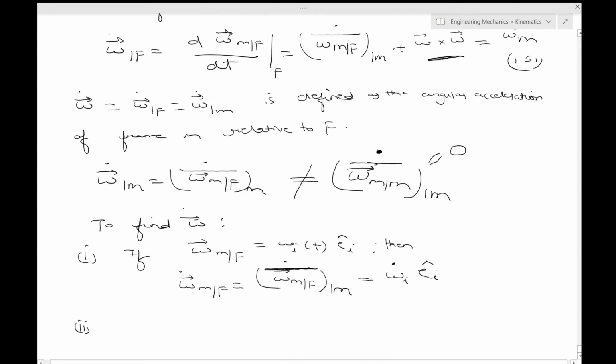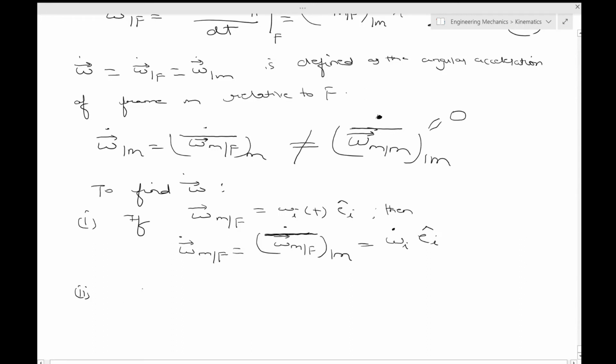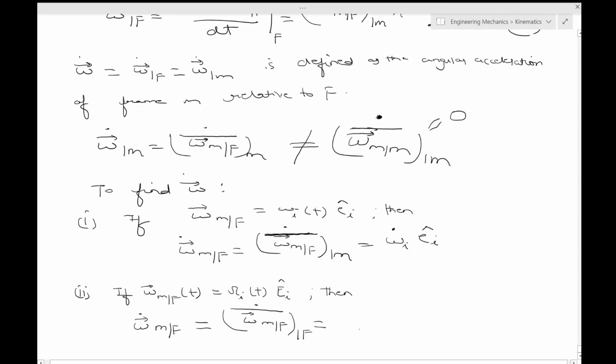If omega M by F with respect to time is equal to omega I of t capital E I hat, then your omega M by F dot would be equal to omega I dot E I hat, just because the capital E I dot will be equal to 0 in the F frame.